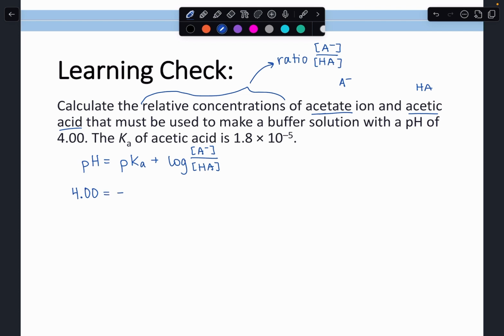So this should be equal to negative log of the Ka plus the log of this ratio, which we don't have, so we will be solving for that ratio. So just adding values in, we'll go stepwise here. I get the pKa is 4.74.